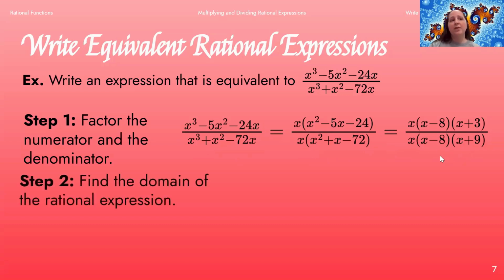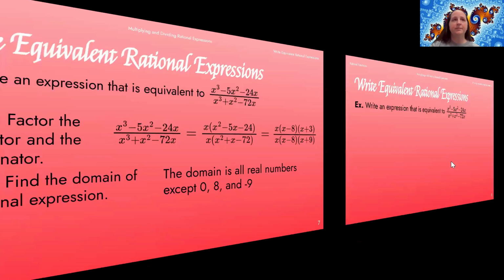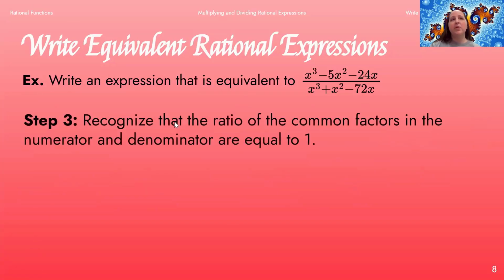Step 2 is to find the domain of the rational expression. So the domain in this case is all real numbers except 0, because x can't equal 0, x minus 8 equals 0, or x equals 8, and x plus 9 equals 0, or x equals negative 9. Step 3 is to recognize that the ratio of the common factors in the numerator and denominator is equal to 1.